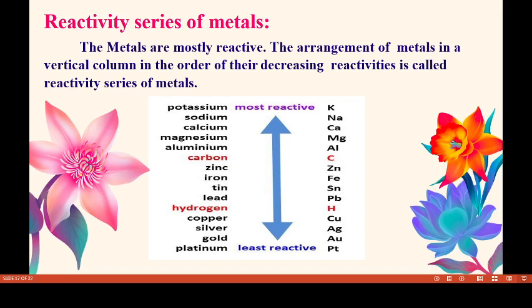This is increasing order and this is decreasing order. The least reactive is platinum, then gold, silver, copper, hydrogen, lead, tin, iron, zinc, carbon, aluminium, magnesium, calcium and sodium. After that the most reactive is potassium. Keep it in mind students.